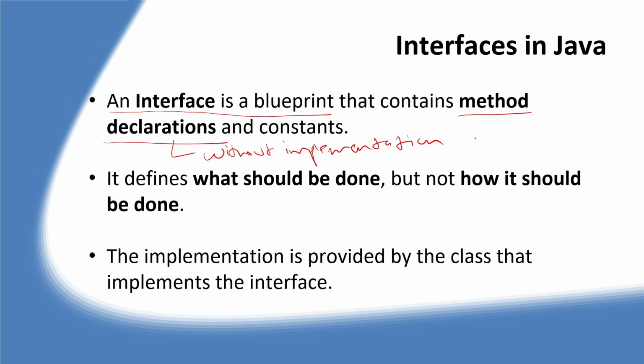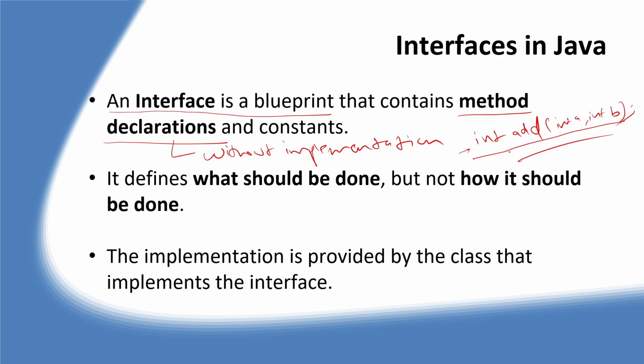Let's say the method declaration: return type int, add, int a, comma, int b. This is a method declaration. We are not providing the implementation or definition of what this method will do. We have just provided the method declaration. So these method declarations will be written inside an interface.